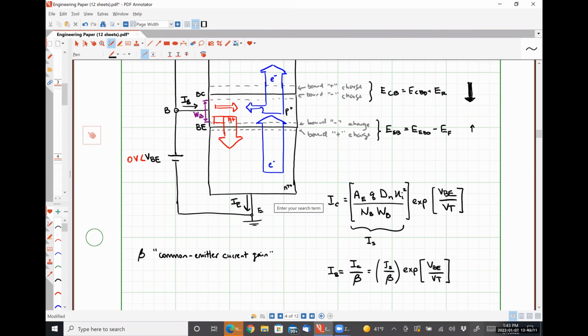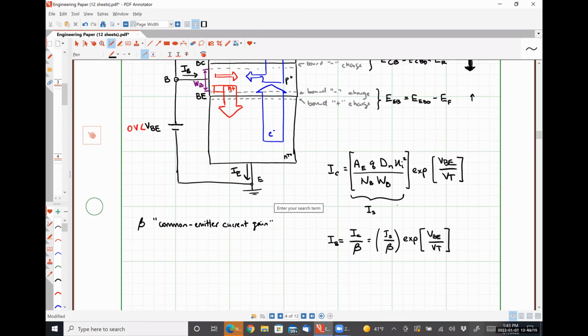Okay. By definition, it will be the ratio of IC over IB in the forward active region.